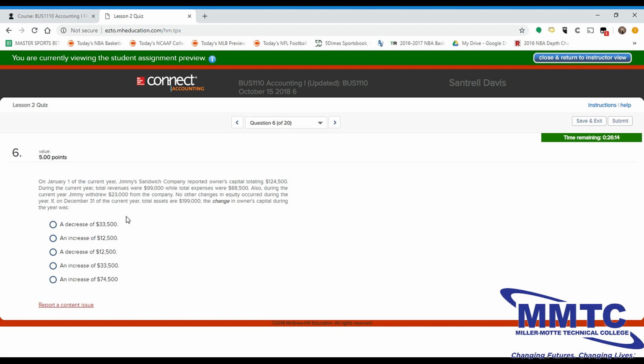So this total asset number, they just gave us information we don't need. The owner's equity statement is what? Net income, right? Net income is revenue minus expenses. So 99 is the revenue, minus expenses of 88.5.